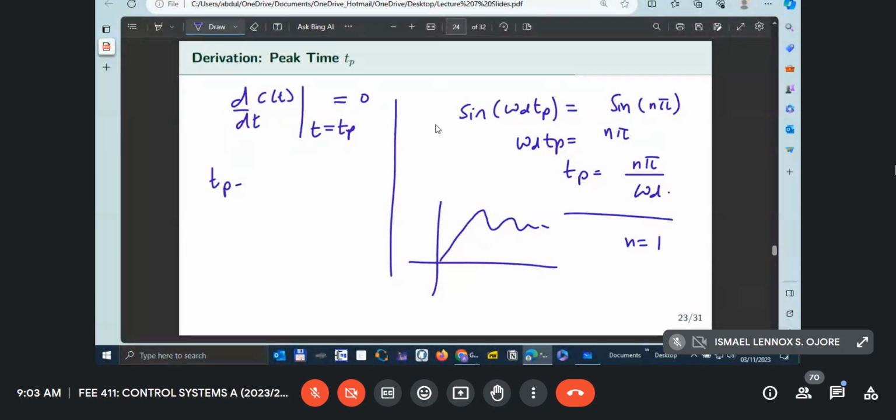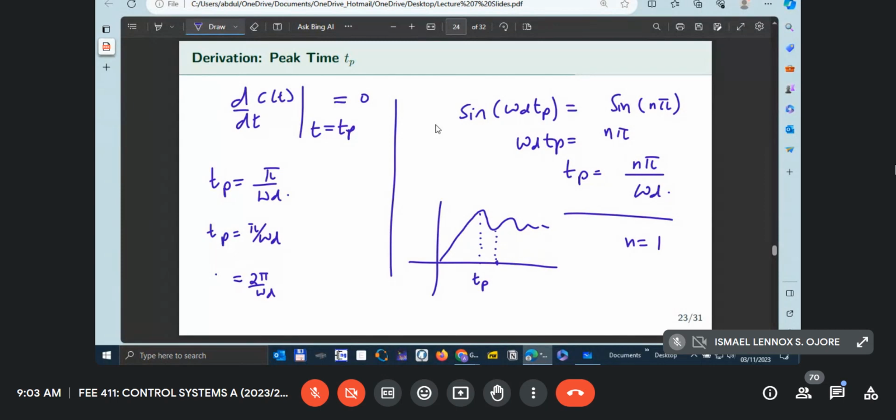So t_p is pi over omega_d. If you want to get the time at the first undershoot, then you have 2 pi over omega_d.